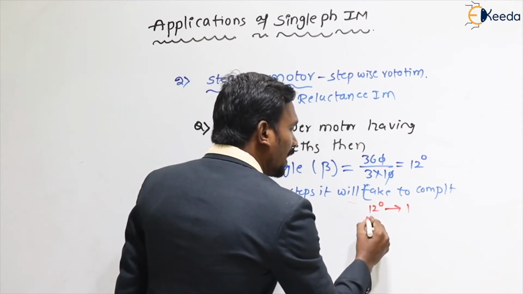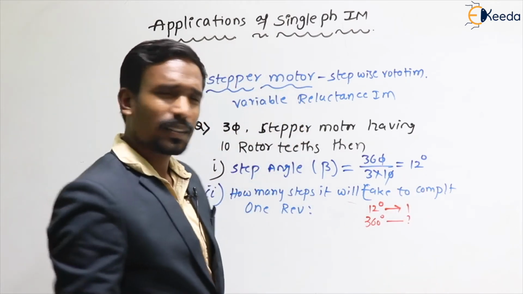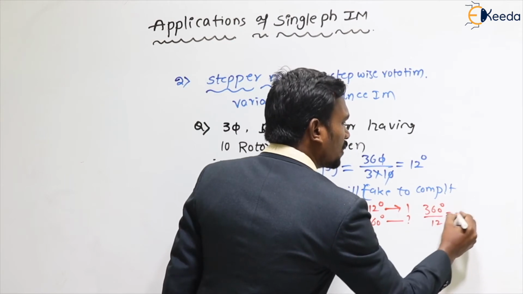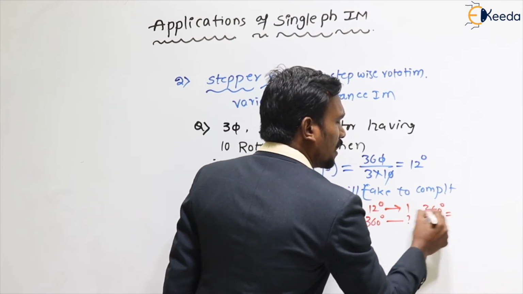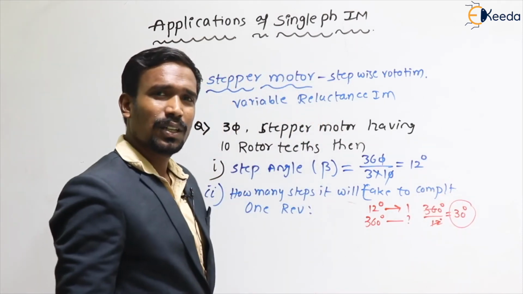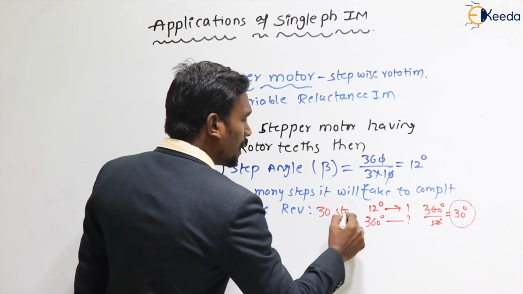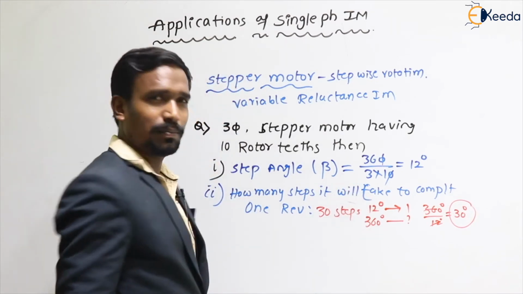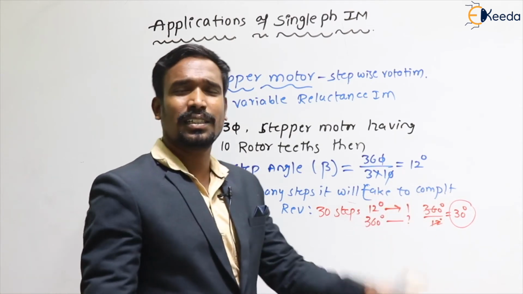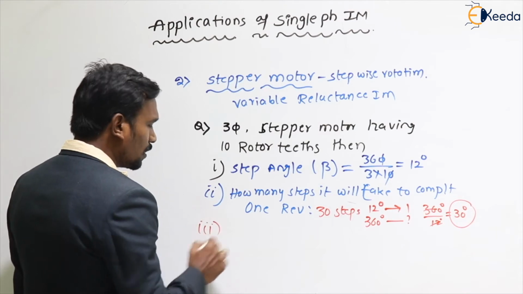Then for 360 degrees, how many steps? So simply 360 degrees by 12. So that is 30 steps it will take. It will take 30 steps to complete one revolution, because for one step 12 degrees, for 30 steps 360 degrees.